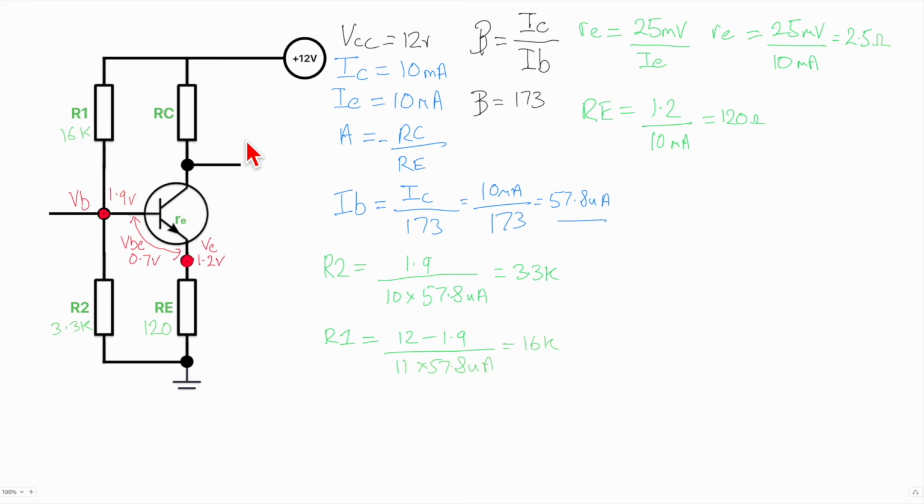So this is the point which is like our zero crossing line for our AC signal. So let's think about a sine wave coming in on here. This will be our AC signal coming in.